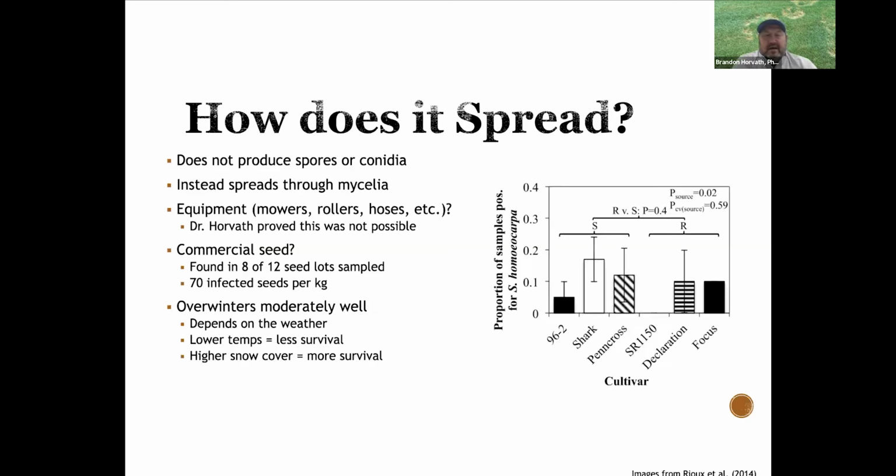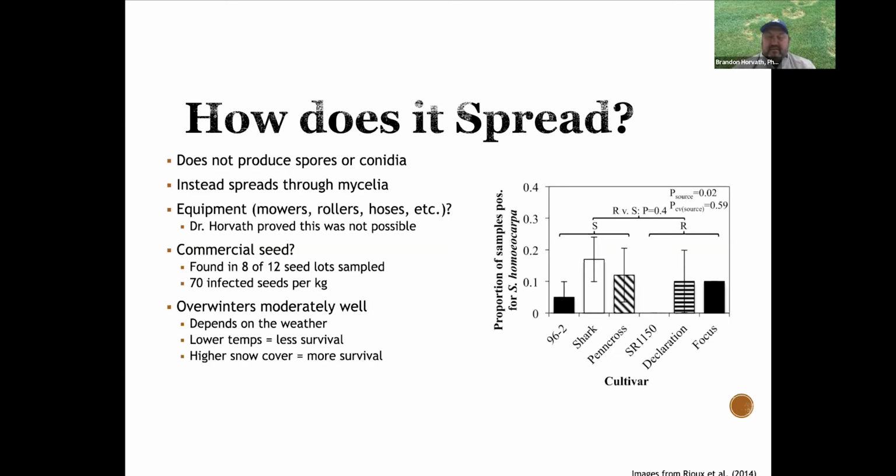So this is basically where we've ended up: we think this organism tends to move in infected seed, and as a result it spreads all over the world via the sales of seed.